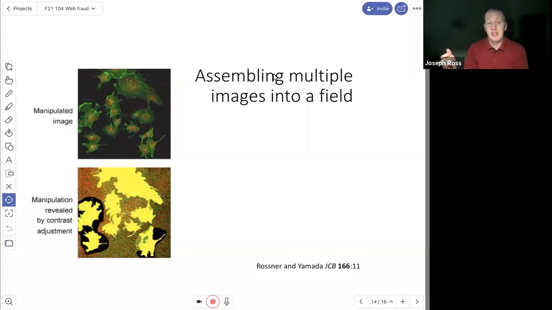I'm not saying that this is necessarily a bad approach, except that you're not allowed to assemble multiple images into one field, because this picture is not an accurate representation of what the authors saw when they looked in the microscope. They only saw those cells in that area of the tissue culture plate, for example.